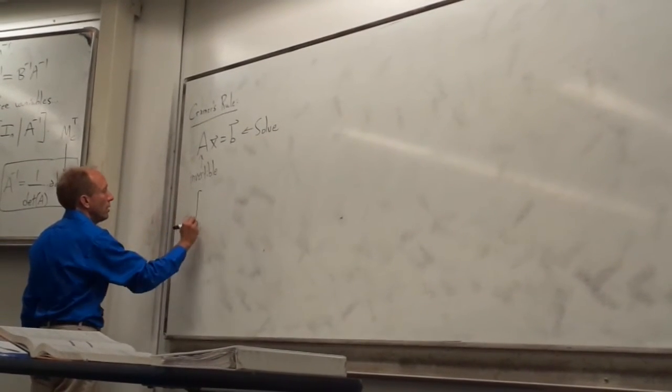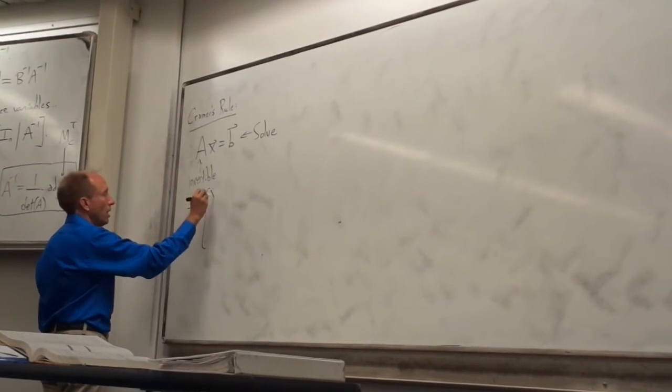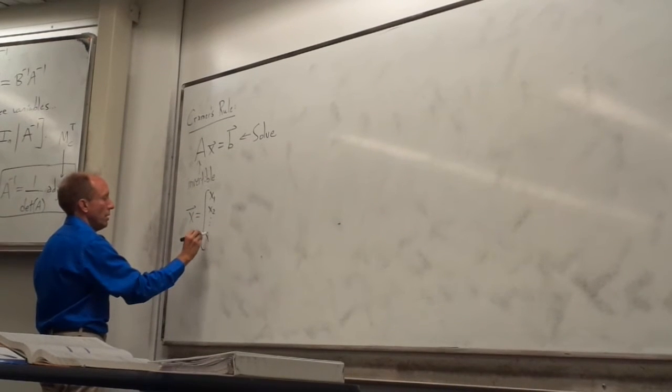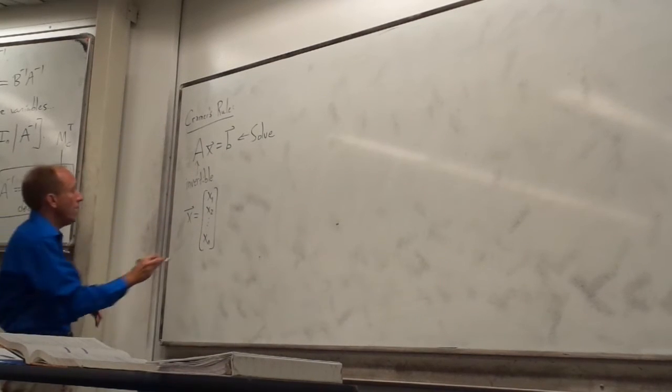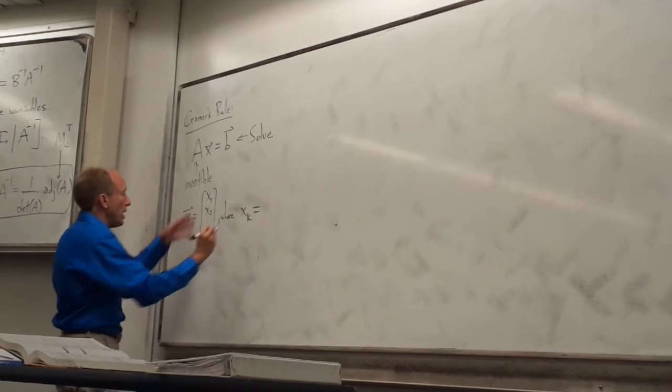What you basically do is, let me remind you how this works. If X is a column, let's say X1, X2, up to Xn, and I want to solve for X, then you find each entry of it by a formula.